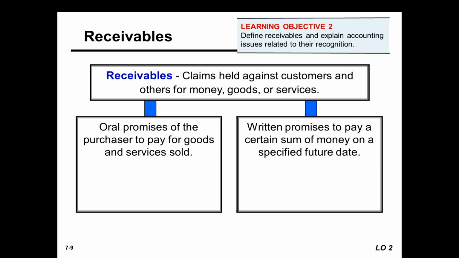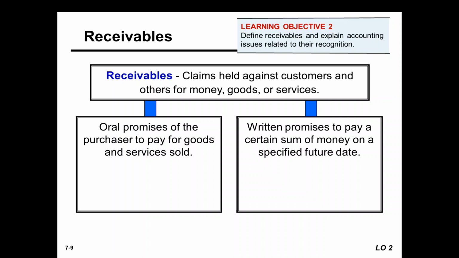Receivable is that we, as the company, have a claim on other parties, that is our customers, for money, goods or services that they have to pay to us.